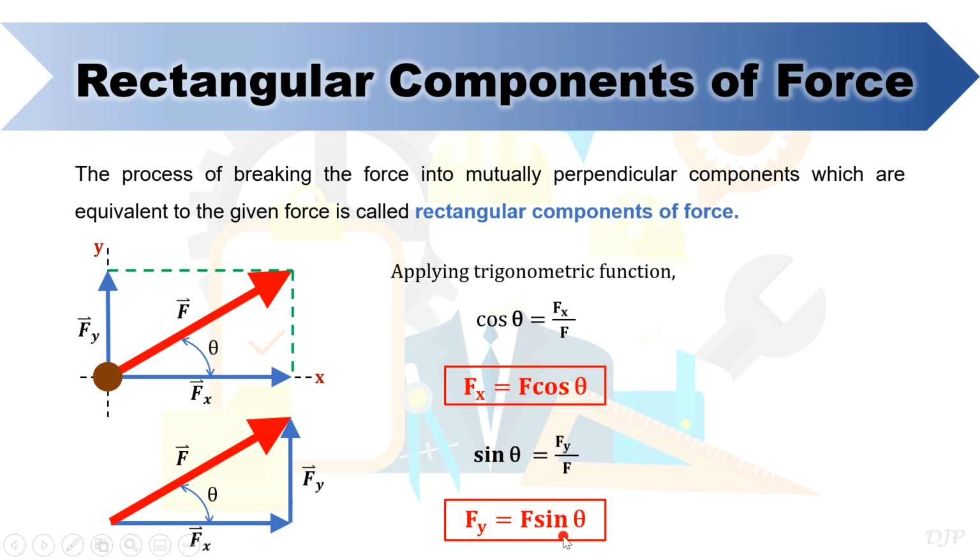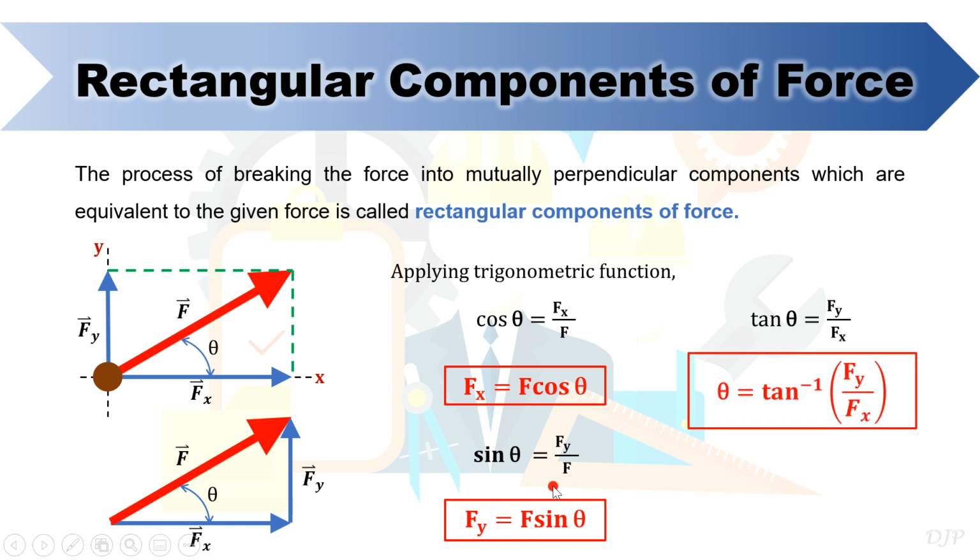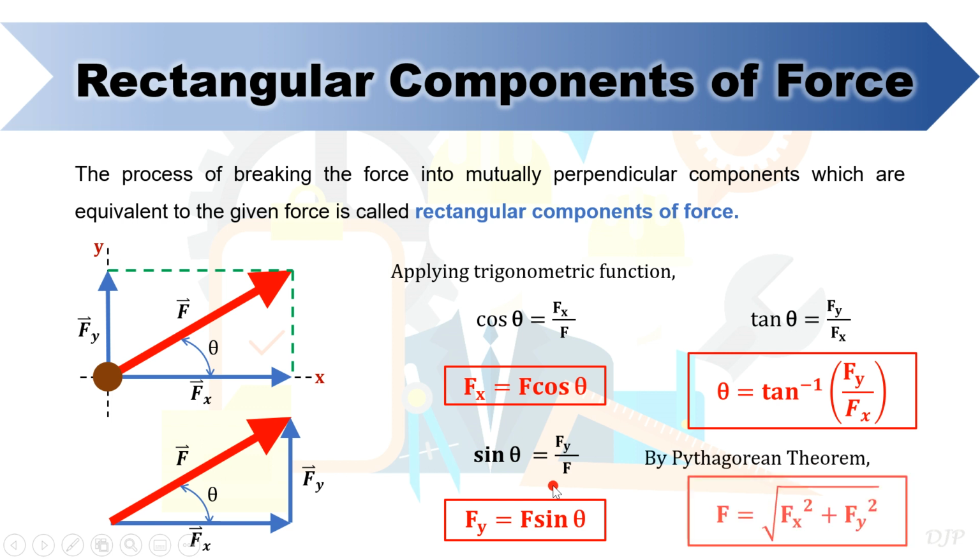For the inclination, you can use the tangent function as follows and rewrite it into this form. Lastly, you can check the magnitude of the force components that you have obtained by solving the magnitude of the resultant using Pythagorean theorem and compare it with the given single force.